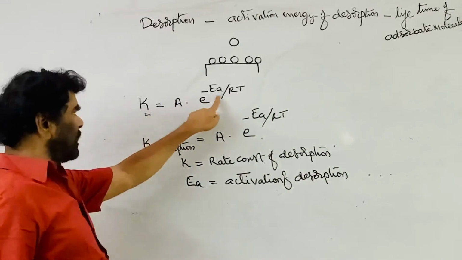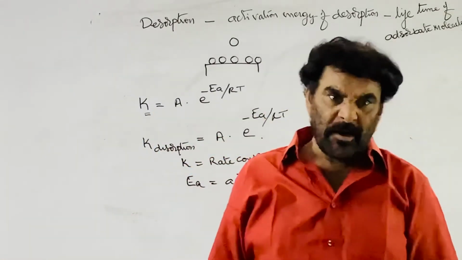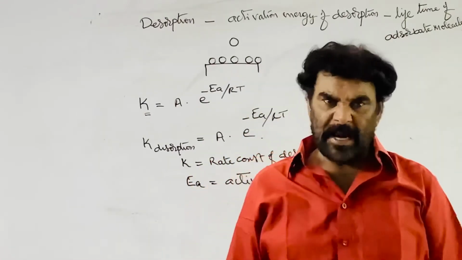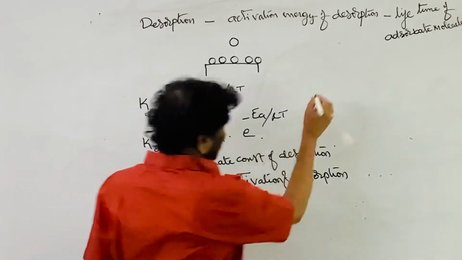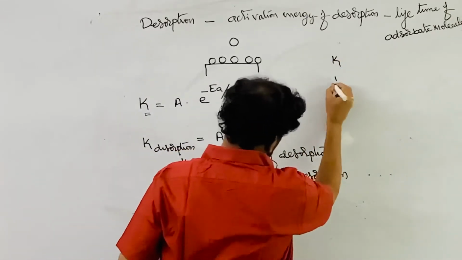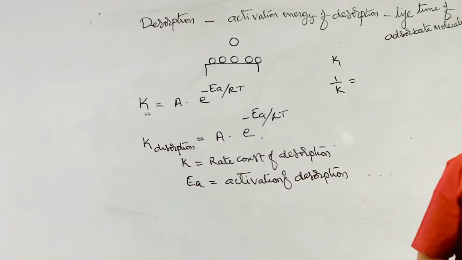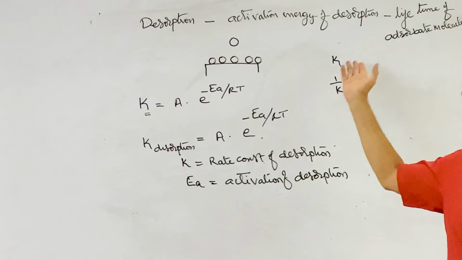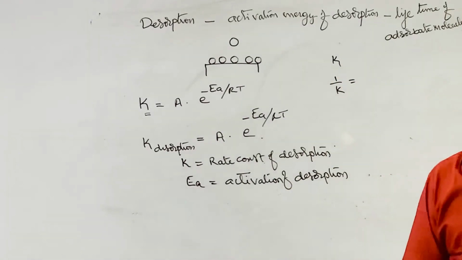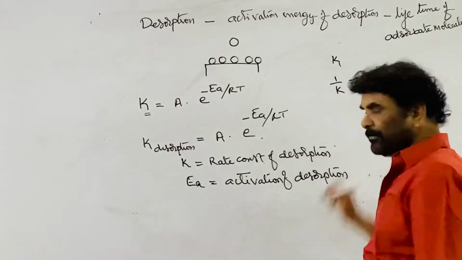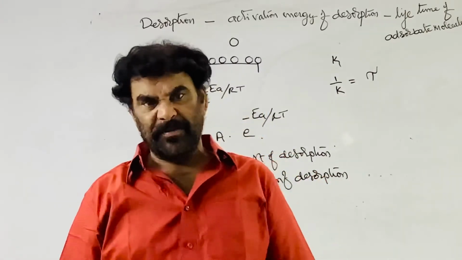The desorption activation energy is the additional energy needed for the molecules to detach from the surface of the adsorbent. You know K is the rate constant, and 1 by K, the reciprocal of the rate constant, is the average life of the reaction, denoted with tau.